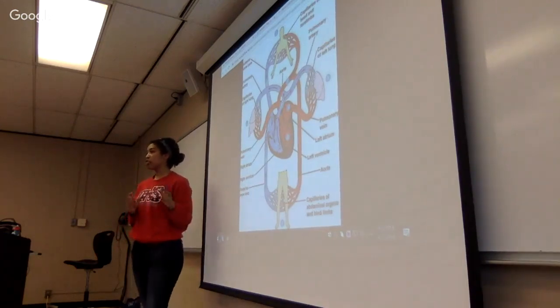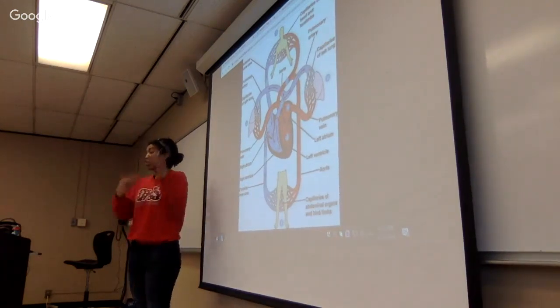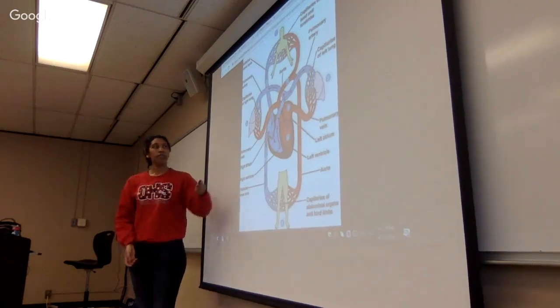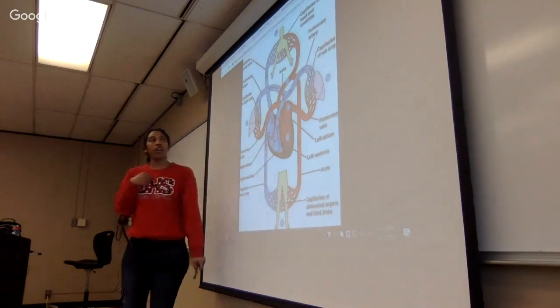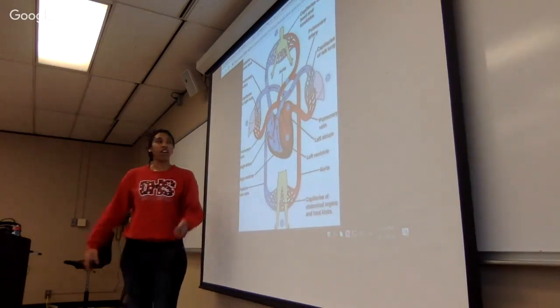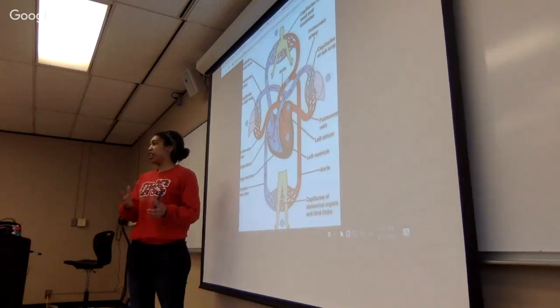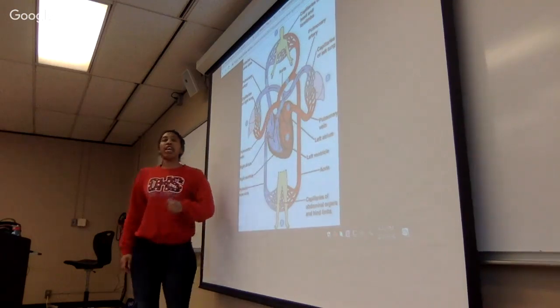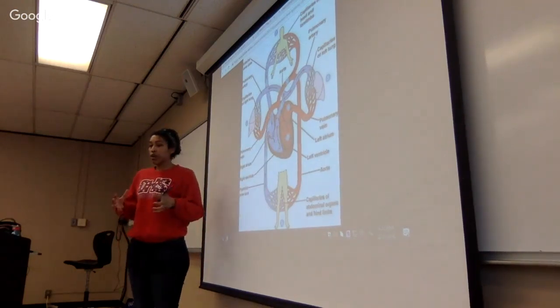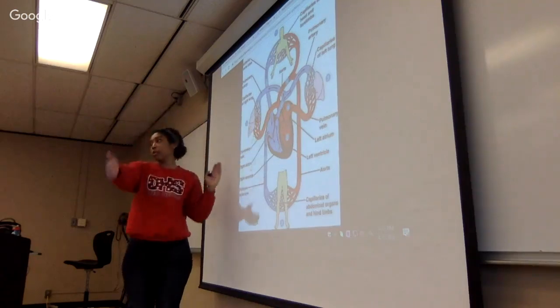I would know what valves are: they restrict the movement of blood one way. I would also know what your aorta is. Your aorta is the great artery that takes oxygenated blood to the tissues and branches off to other smaller arteries. And I would also know that the pulmonary artery takes deoxygenated blood from the heart to the lungs to be reoxygenated.